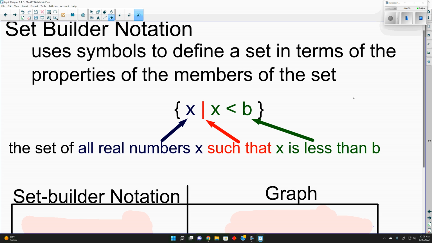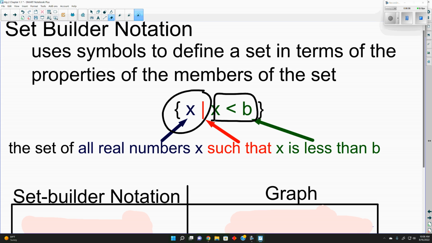We'll have X bar. And the way that the book does this part here will be included in every single one. What this says mathematically is the set of all real numbers X such that.